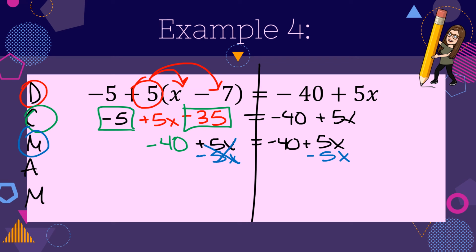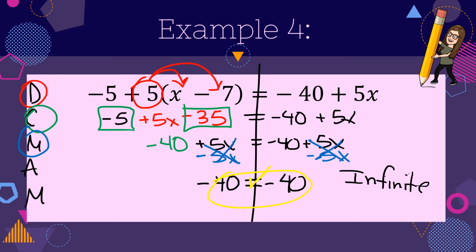We're going to undo it. But when I do that, they both cancel. So let's see what falls down. On the left side, a negative 40 falls down, and on the right side, a negative 40 falls down. I'm down to number equals number, and it's true. It's good. So we're going to say that there is infinite solutions to this equation.